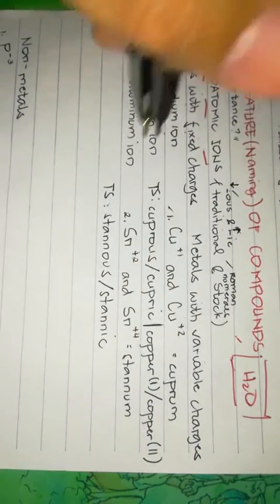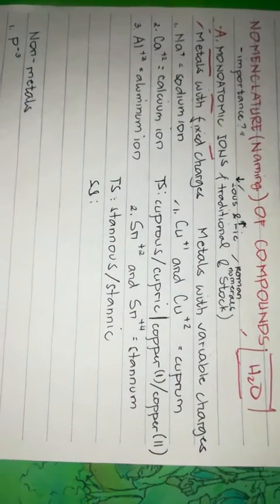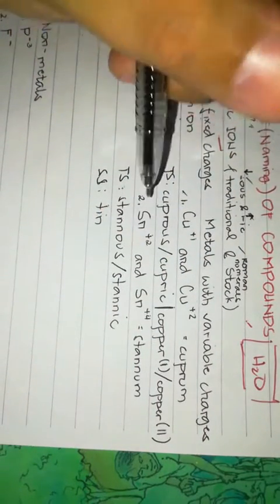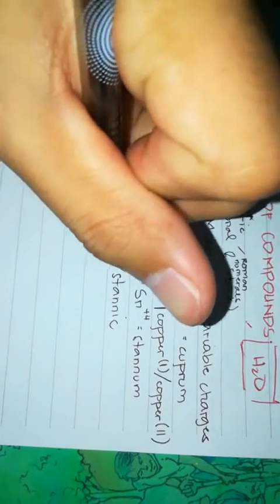Naintindihan ba? Now, let's go to the stock system. So, sa stock system, isusulat natin ang kanyang English name. So, it is tin. If we're going to refer to the one with a positive 2 charge, so that means the Roman numeral should be 2.